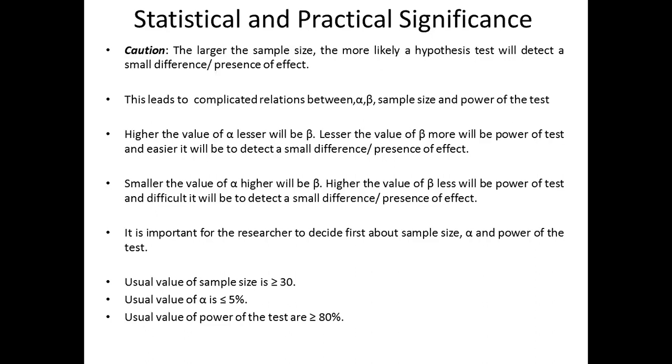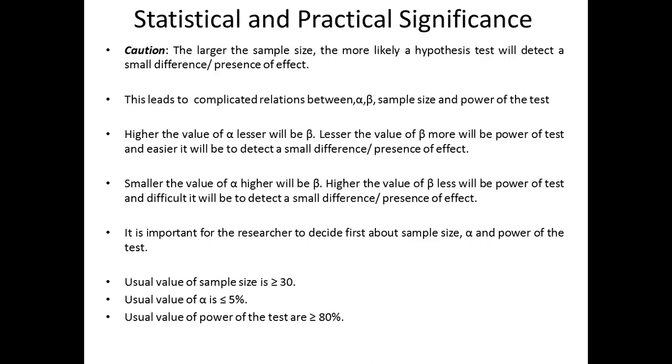Yet a higher alpha leads to a very low value of beta, and we want beta to be low too. So it's a matter of trade-off. The lesser the value of beta, the more will be the power of the test, and that's why we want beta to be less, and the easier it will be to detect a small difference or the presence of the effect.